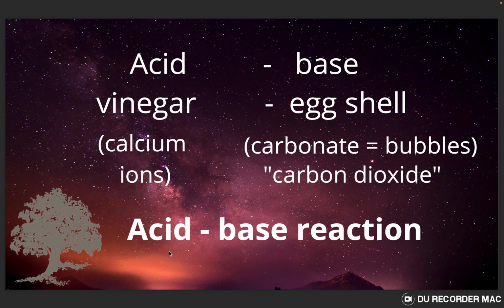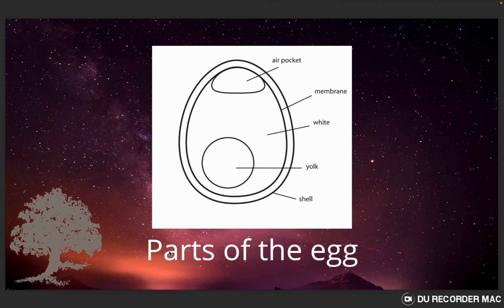Okay, and then what happens when you take off the eggshell? What did you notice about the egg? The egg white had dried off, and probably there were parts of the egg.